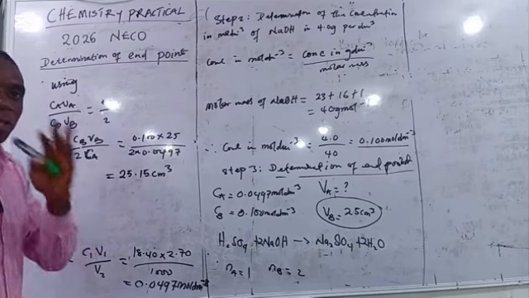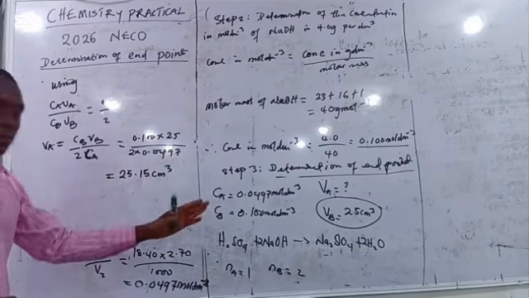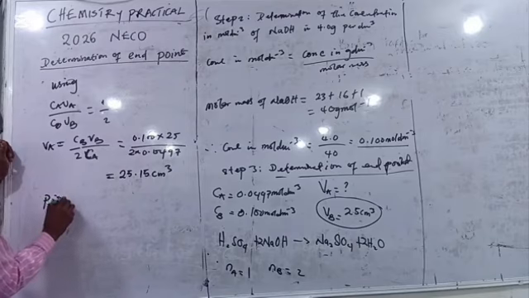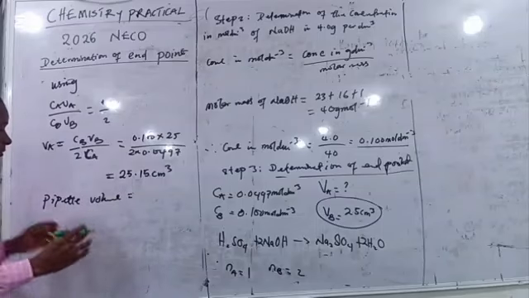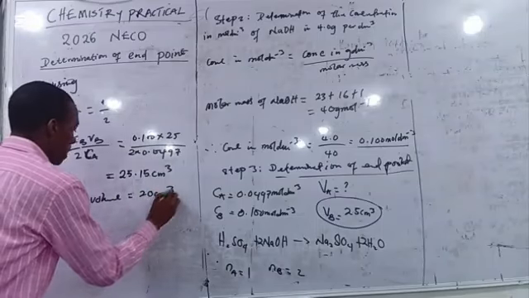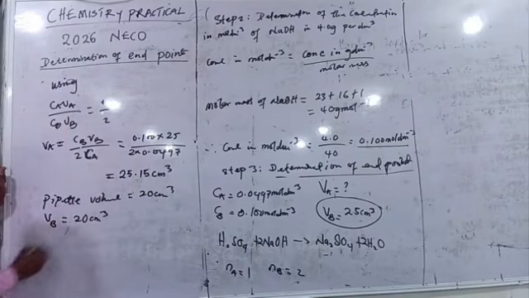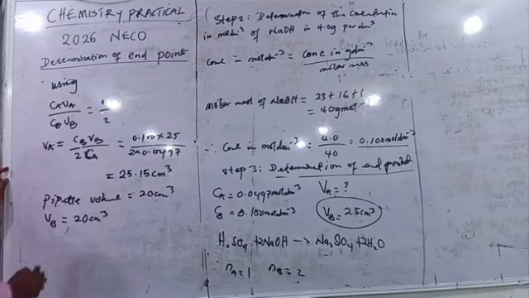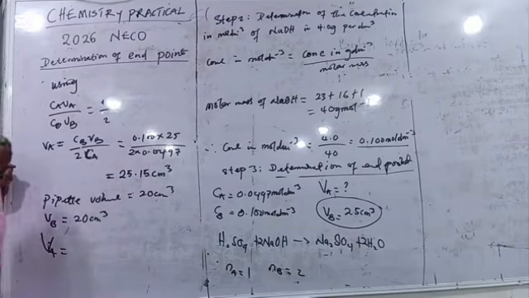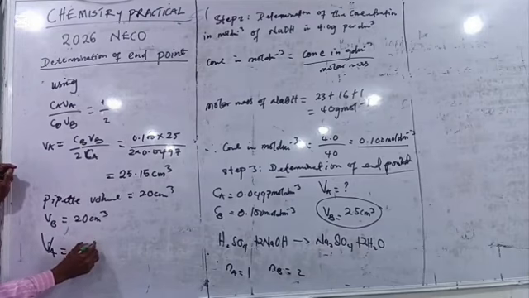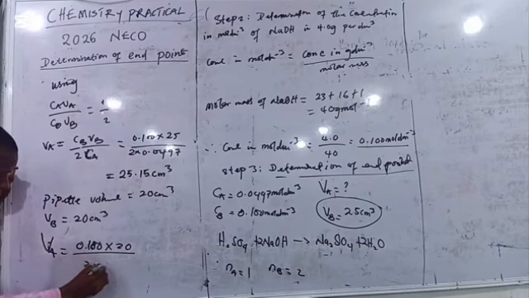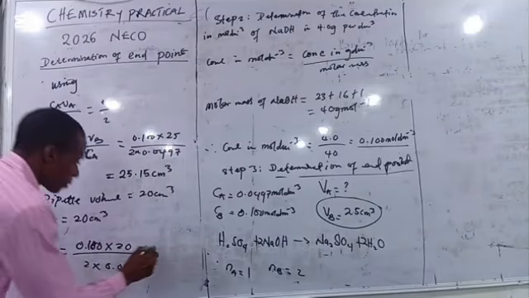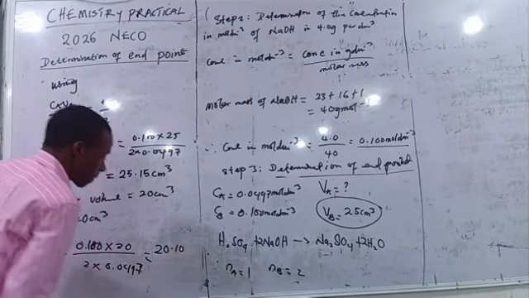That's for those making use of a pipette of volume 25 cm cube. So let's alternate the pipette volume. If it is 20 cm cube, Vb is equal to 20 cm cube. So if you apply, Va is equal to 0.100 times 20 divided by 2 times 0.0497, which is going to be approximately 20 points.